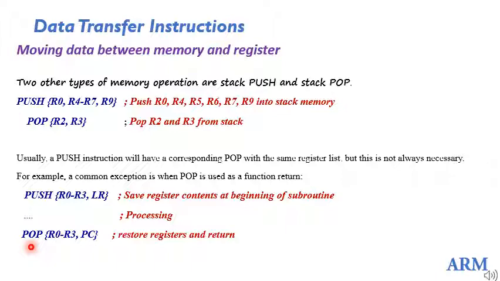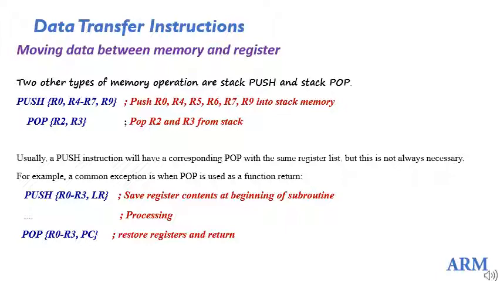So what I do is pop R0 dash R3, but now instead of LR we have used PC. That means these registers are restored back to their original places, that is R0 to R3. But link register is the return address after the subroutine call, and we know that the address of the next instruction to be executed is always held in the program counter.